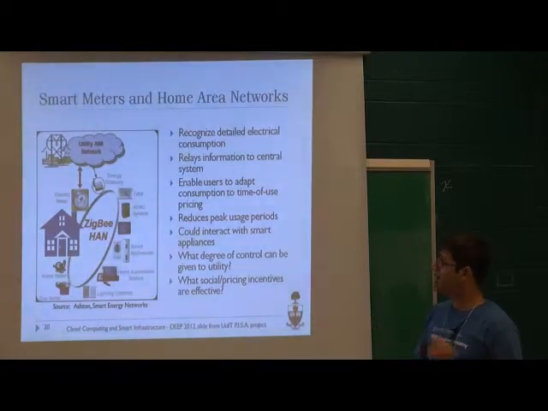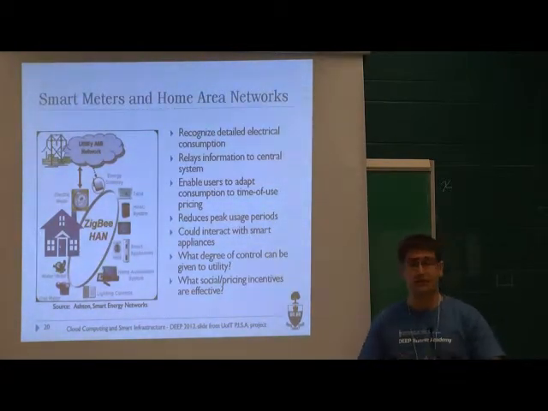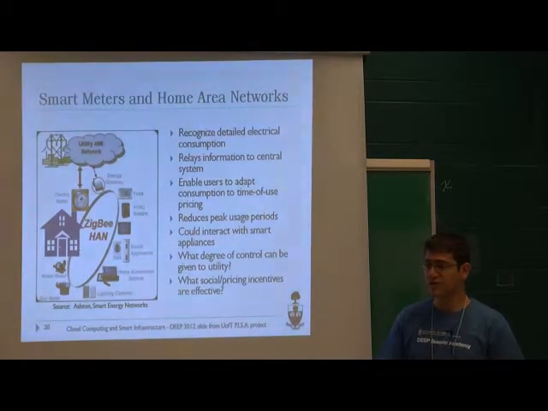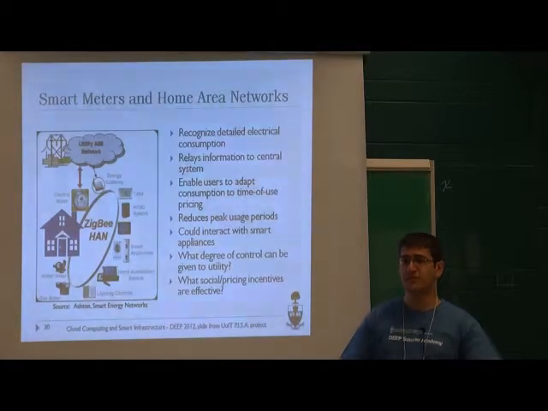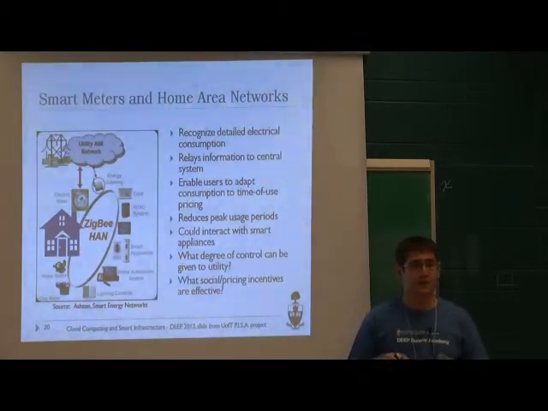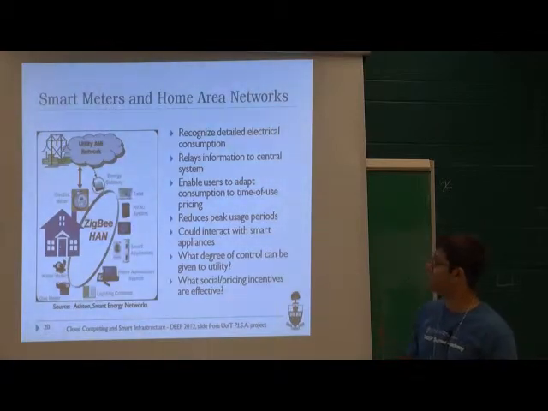Enable users to adapt their consumption based on the time of day. So we were mentioning before that if you're using power after midnight, it costs you cheaper. So you can adjust when your systems are being turned on, especially the ones that you don't need all the time, in order to reduce your time of use pricing.